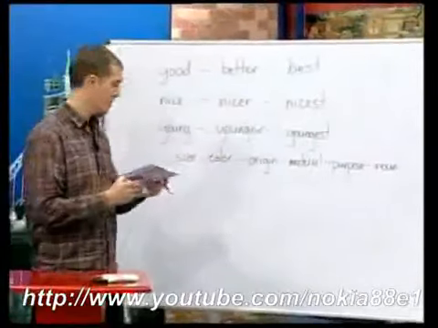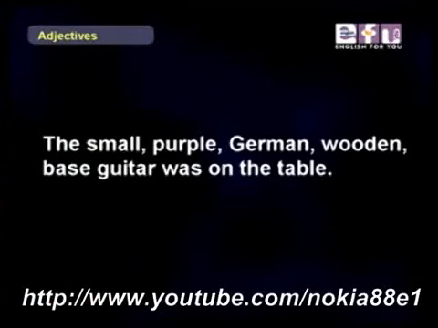So, for example, we could say the small, that's the size, the small, purple, German, wooden, bass guitar, was on the table. Let's practice.